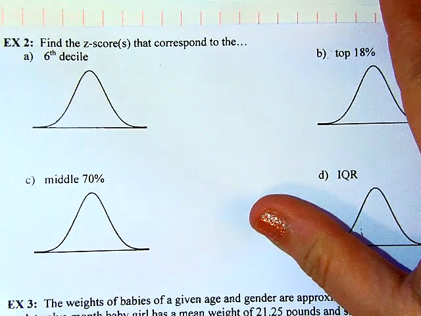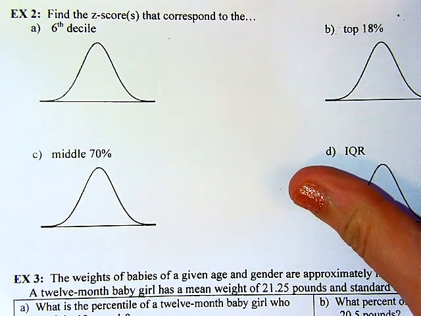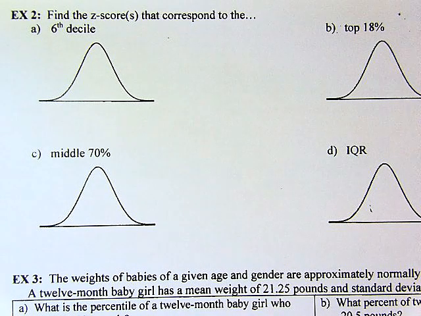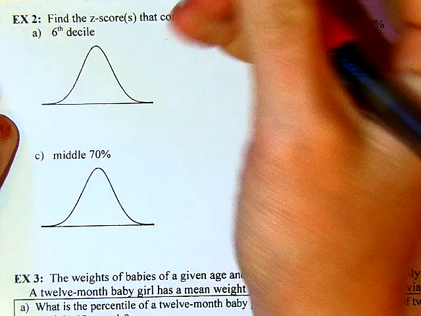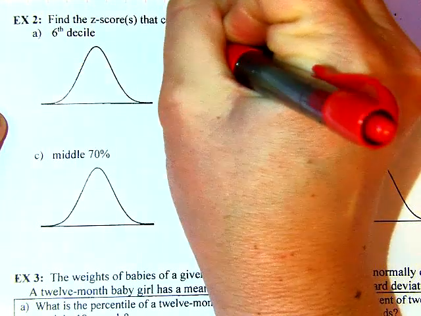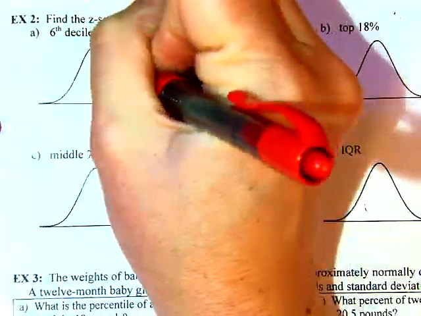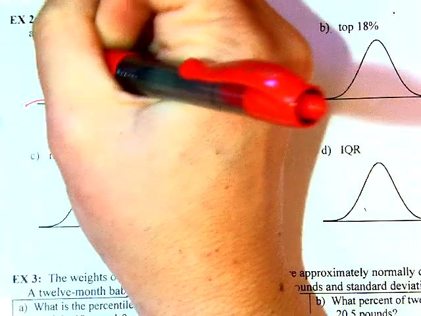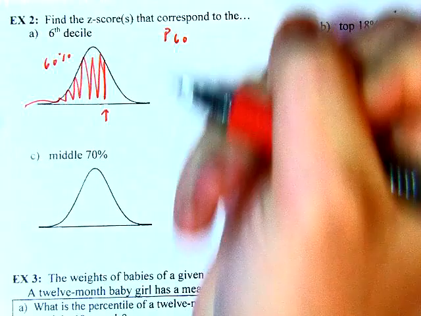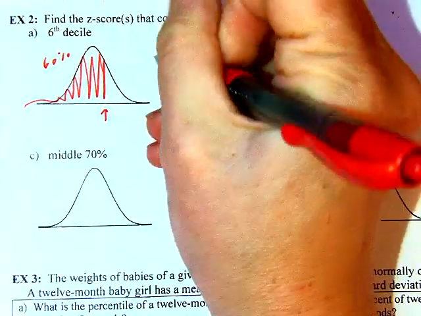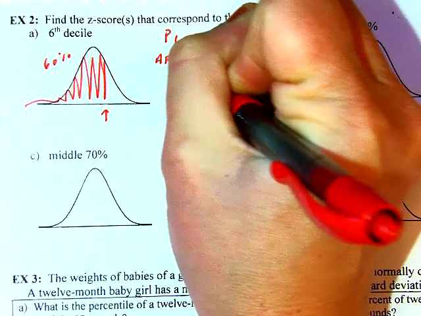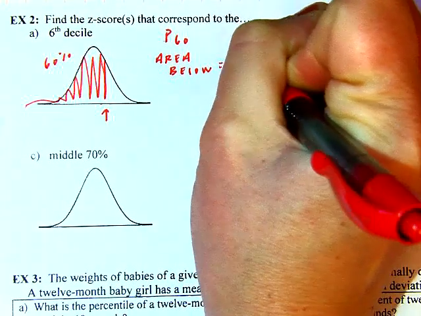All right, so now here I'm saying find the z-score that corresponds to each region. So we're essentially working backwards. So if I say the 6th decile, just remember that that means the 60th percentile. So I'm looking at where do I have 60% here to the left. So here I know that the area below, that area in that lower left-hand tail, is 0.6.